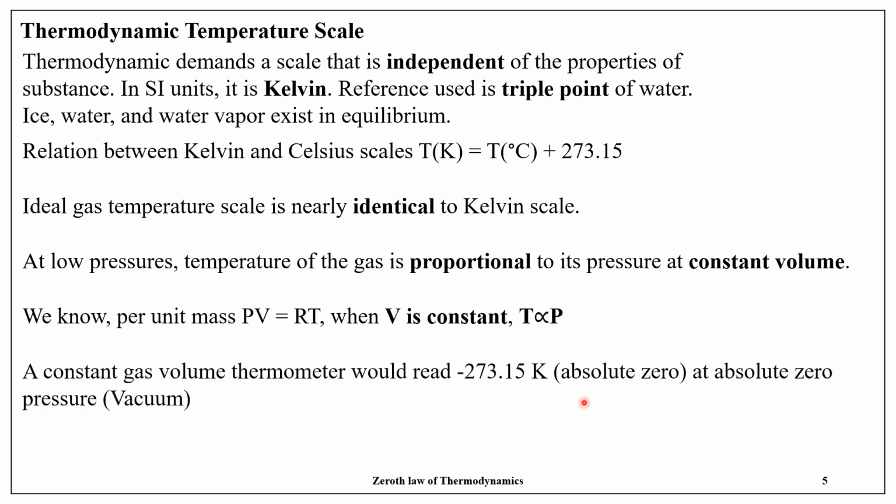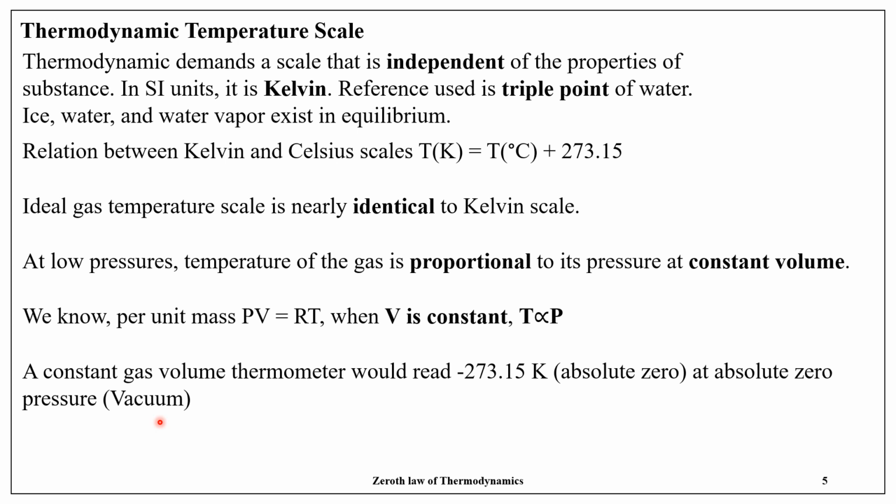A constant gas volume thermometer would read minus 273.15 degrees Celsius, which is nothing but absolute zero temperature, at absolute zero pressure. It is vacuum. Remember, all the pressures we measure are not absolute.